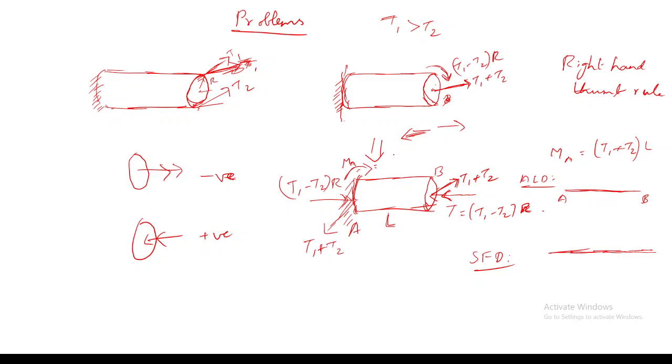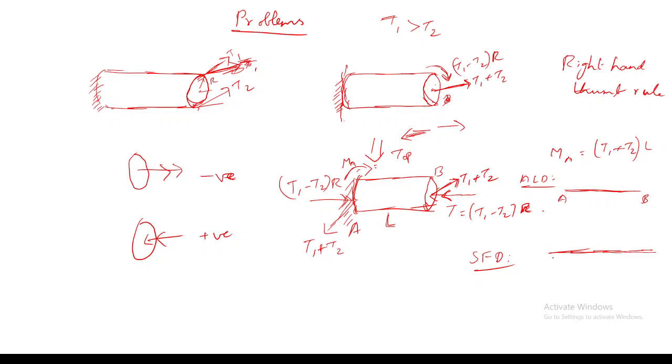When you see T1 plus T2 from the top, in which direction does the shear force constitute a couple, clockwise or anti-clockwise? Anti-clockwise. So should it be positive or negative? Negative.